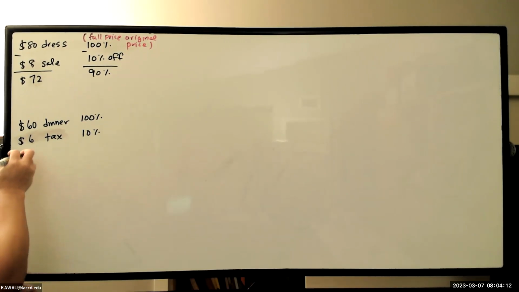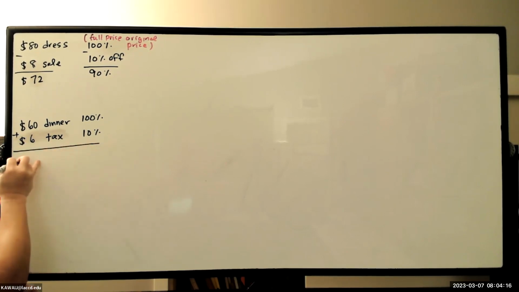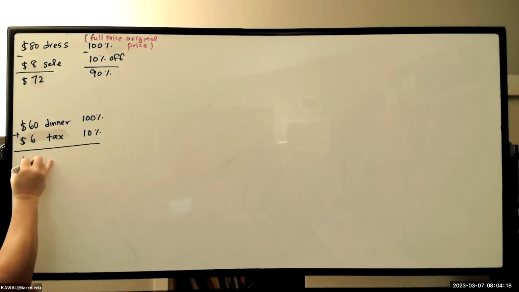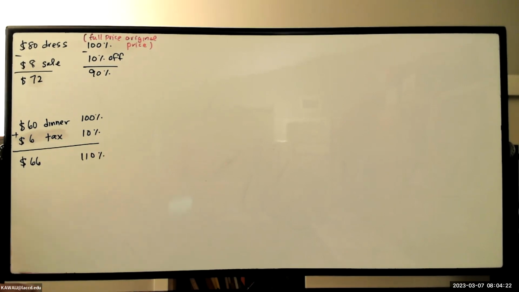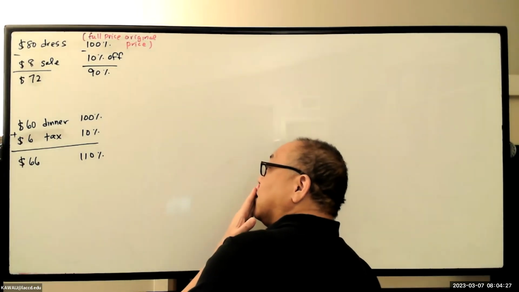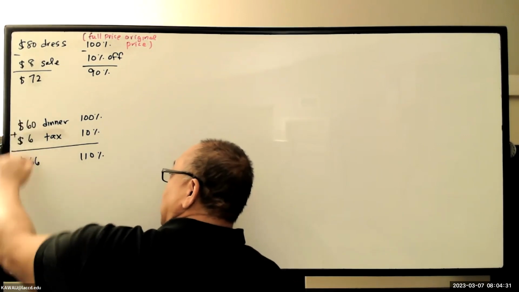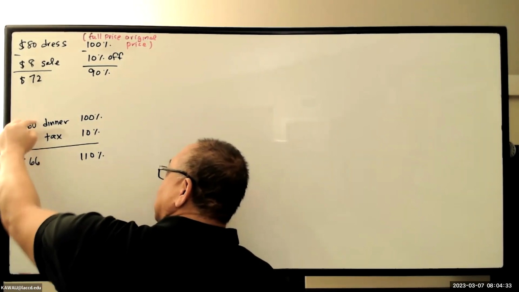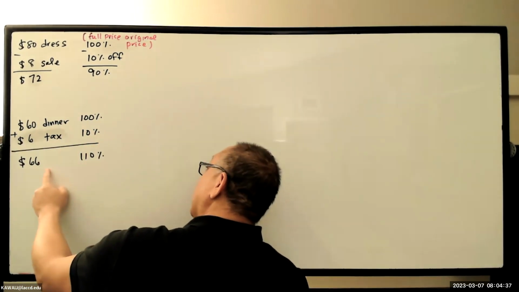So when we talk about what we pay at the register, we would pay $66, which is 110%. Okay. So again, they're going to give us two of these numbers. It could be this one and this one, or this one and this one, and a percent, and they'll want us to find the third one.